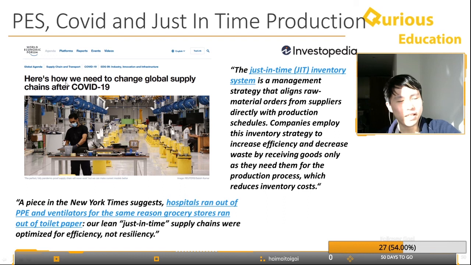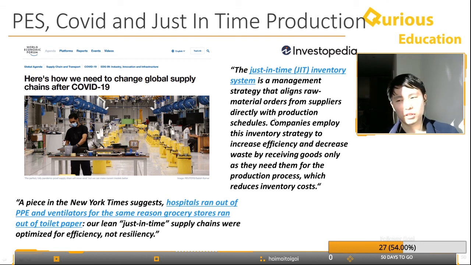News first. So basically during COVID, a lot of our supply chains are based on just-in-time inventory systems. What just-in-time inventory systems mean is that the companies will only produce the good when they have received orders to. So they won't store any extra toilet paper in, say, warehouses and stuff.